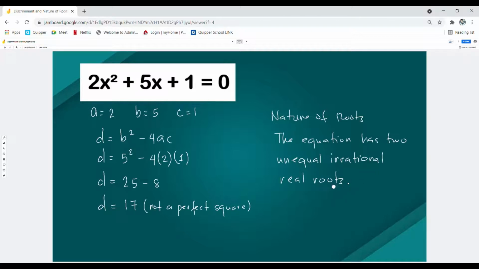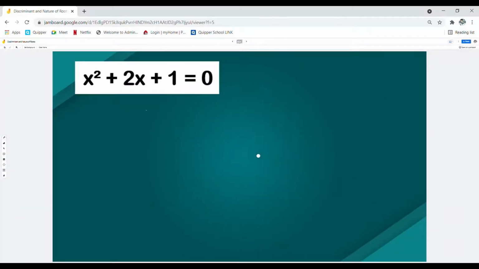Now, I hope you get it. Let's have another example. x squared plus 2x plus 1 equals 0. So again, determine your A, B, and then your C, which is also 1. 1 here is the numerical coefficient of x squared. Alright, so D, your discriminant formula again.